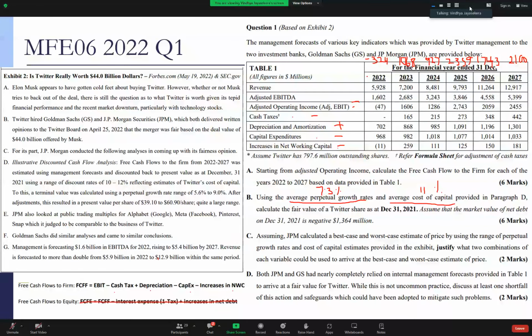I was asking about 2022. Then it's year one. So this becomes year 1, 2, 3, 4. Use the fact that after year 6, you assume a terminal growth rate of 7.3%, right? What is the value for shareholders of Twitter?